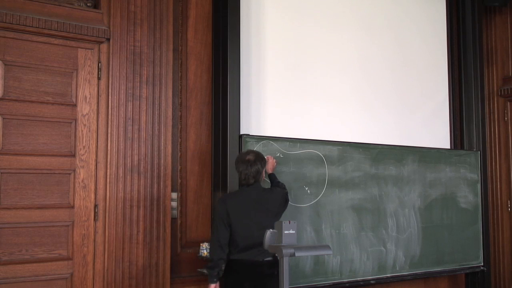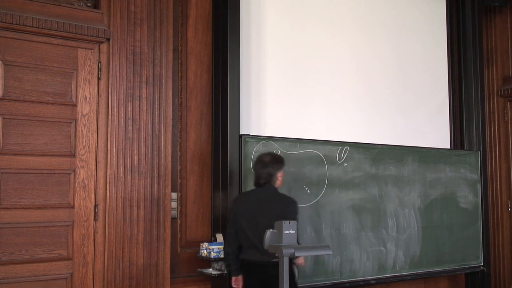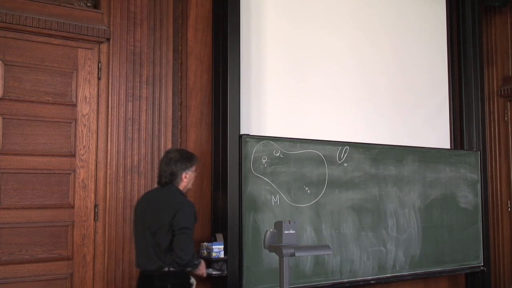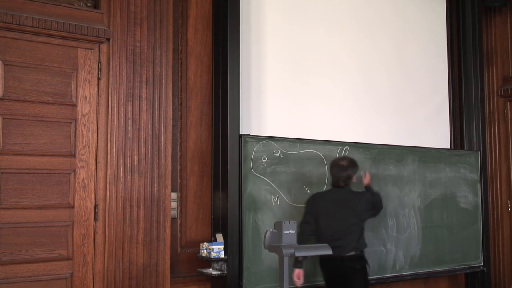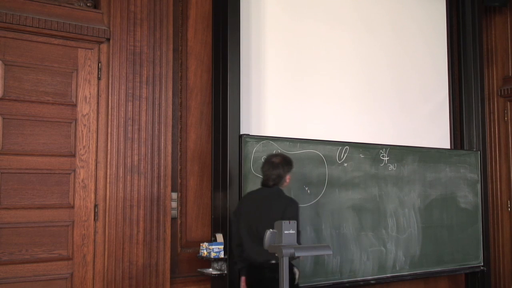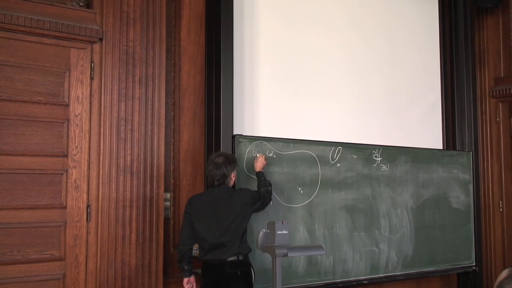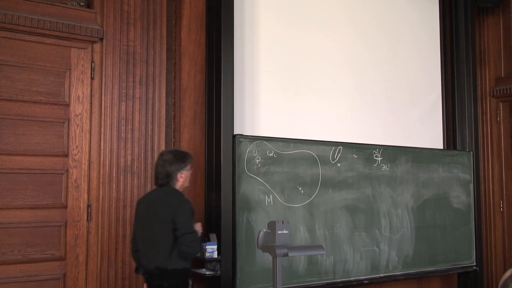Well, first of all, I have to tell you what the spaces OX are. Essentially, OX is just going to be the space H associated with the boundary of U, where U is some little open neighborhood of the point.